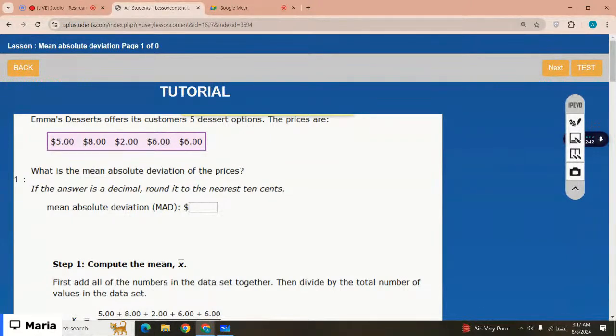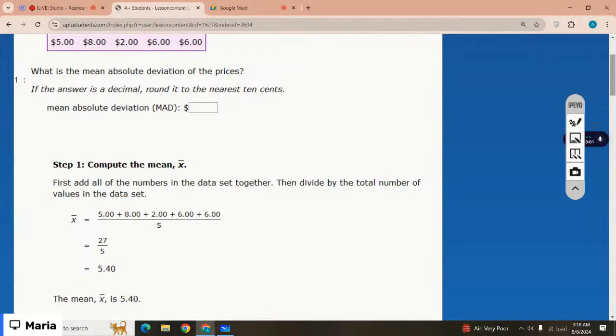The prices are $5, $8, $2, $6, and $6. What is the mean absolute deviation of the prices? So basically you need to calculate the mean absolute deviation, right? So let's just learn how we calculate the mean absolute deviation.